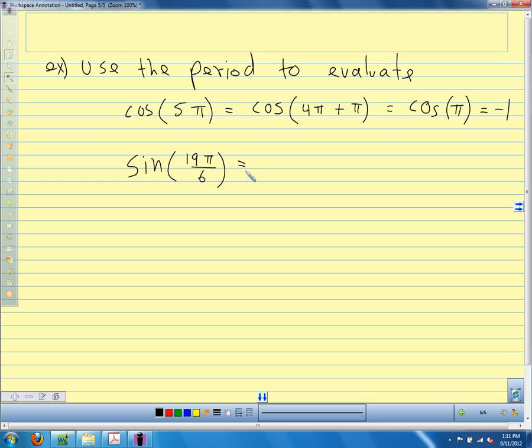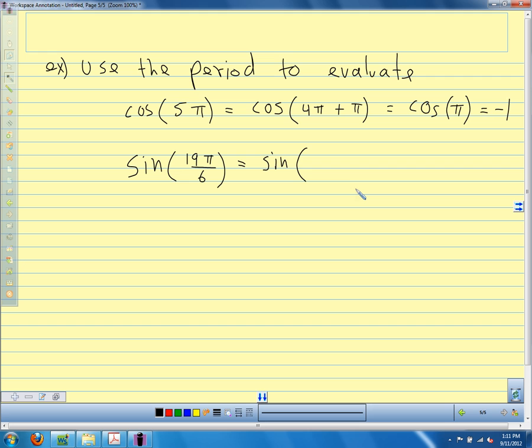So what this is asking us to do is rewrite this as the sine of some multiple of 2 pi, as a fraction of something over 6, plus some other angle. So how can we make a fraction with 6 as the denominator that's a multiple of 2 pi? What's the first one you can think of? What's our easiest fraction with 6 in the denominator that's a multiple of 2 pi?